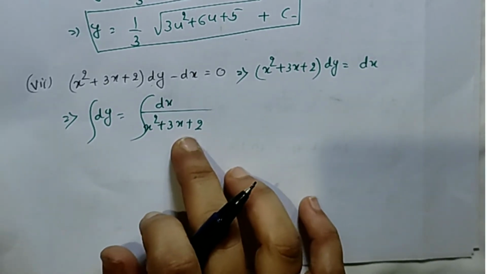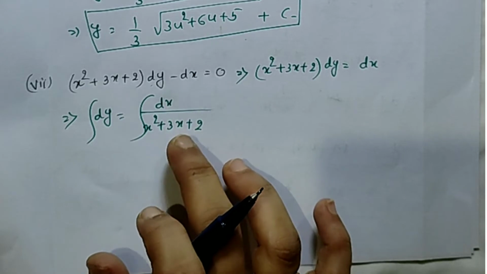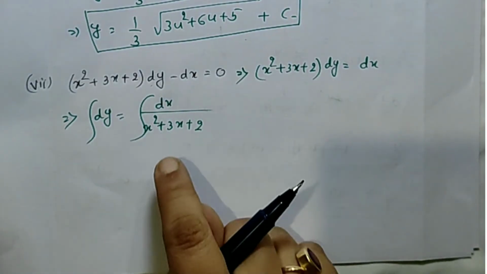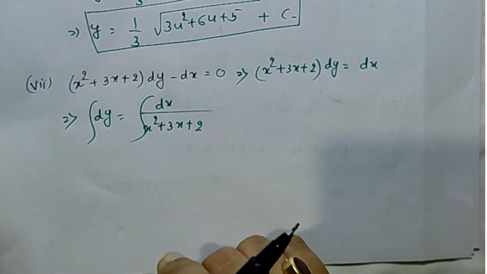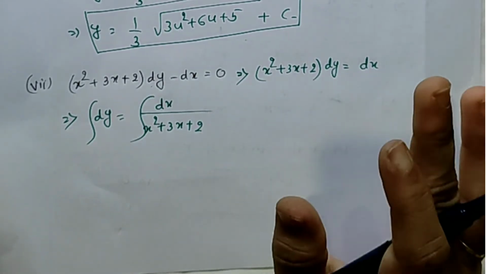How can we integrate this term? We can integrate this term with the help of partial fractions. Whenever there is a function in the denominator, we always use partial fractions. All these tricks we know from the integration chapter.